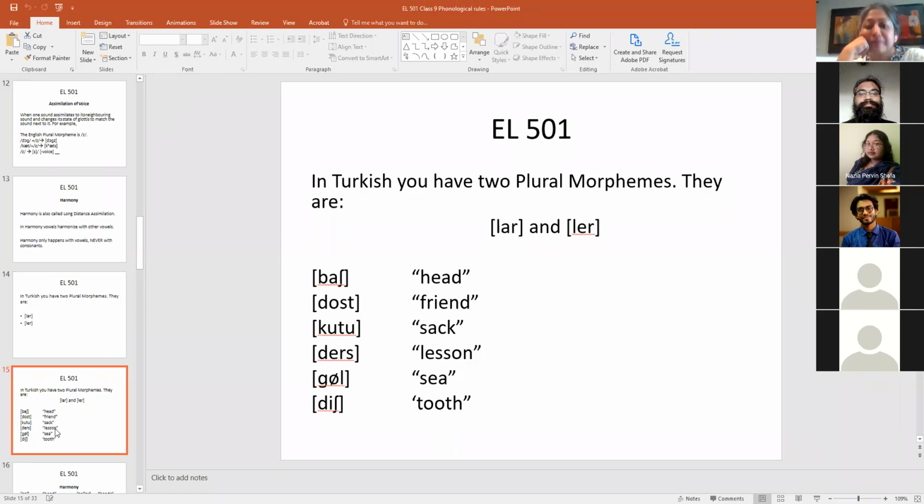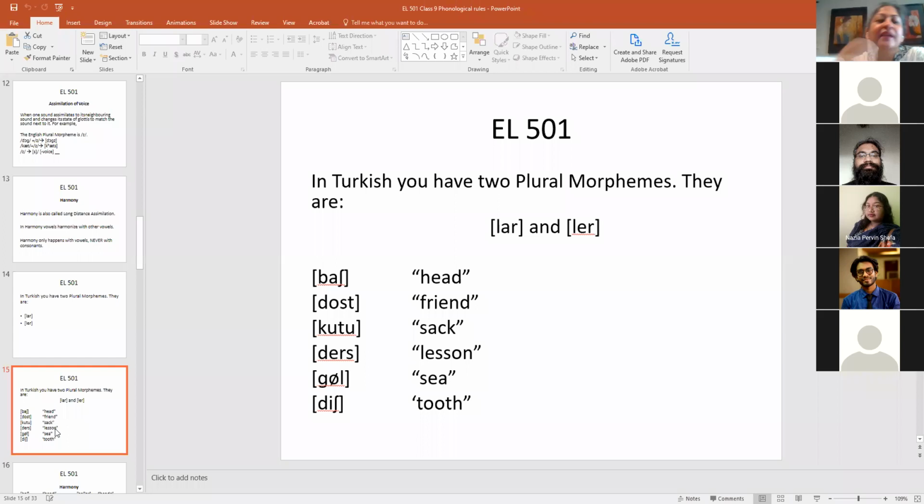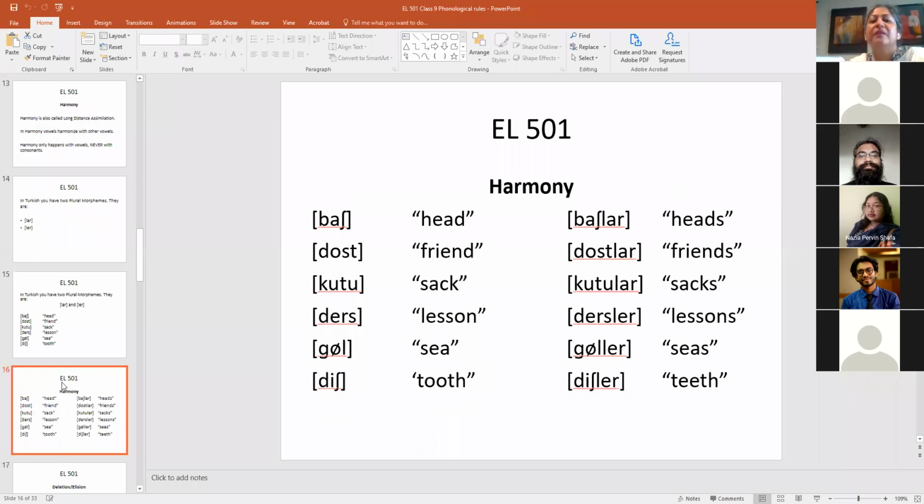Back. So it will take lar. If you look at the whole series, you get bashlar, dostlar, kutular, derler, giller, dishler. All the back vowels take the plural form that has the back vowel, because they're harmonizing.